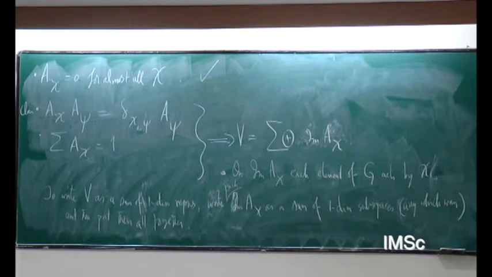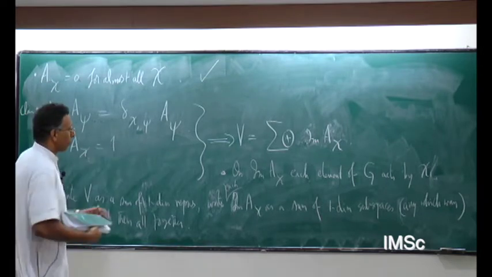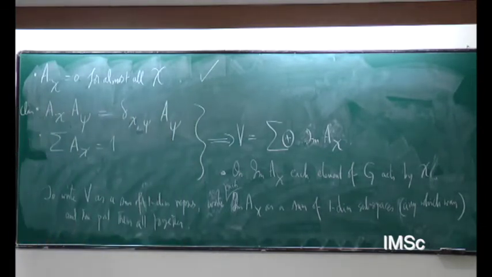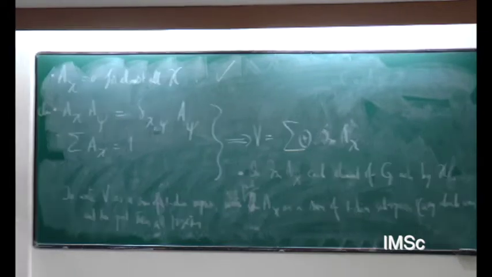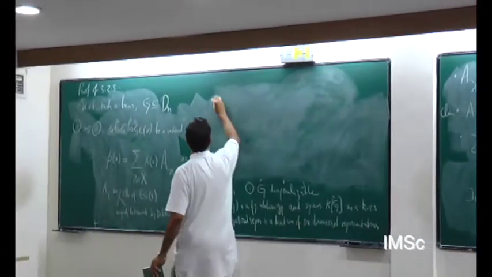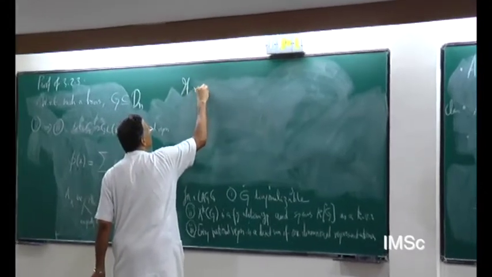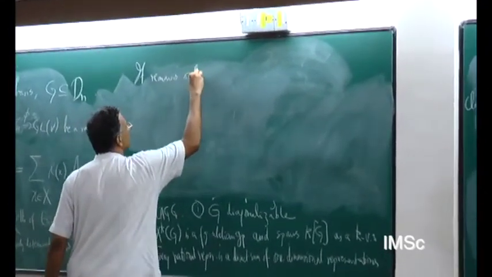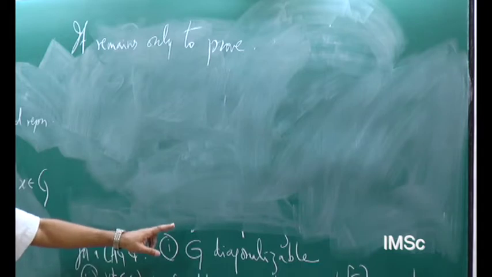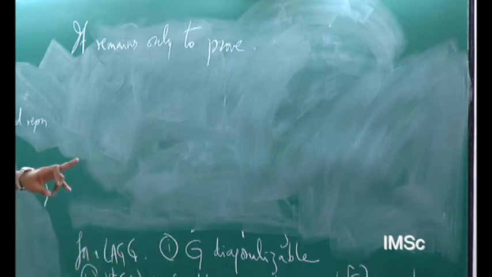Now we have to prove. So finally, it remains only to prove the theorem itself, because we have done 1 implies 2 and 3 implies 1 already. 2 implies 3 is what we are just doing, and we've reduced it to those 3 claims.